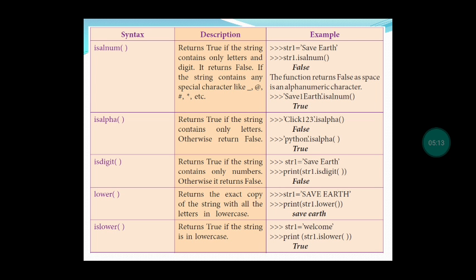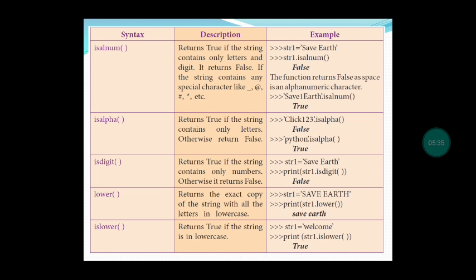Next is isalpha. It accepts only alphabets. The example is given as "click123". Alphabets are there, and numbers too, so it returns false. Next example, "Python". Only alphabets are there, so it returns true.